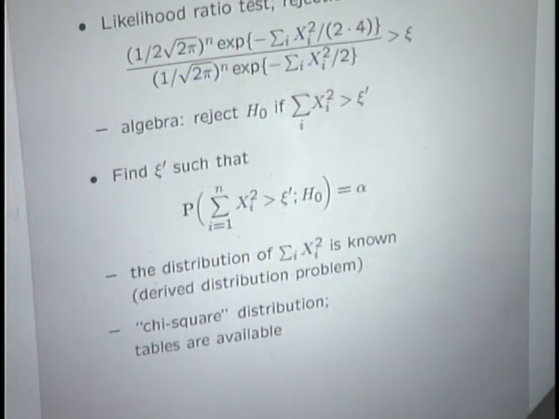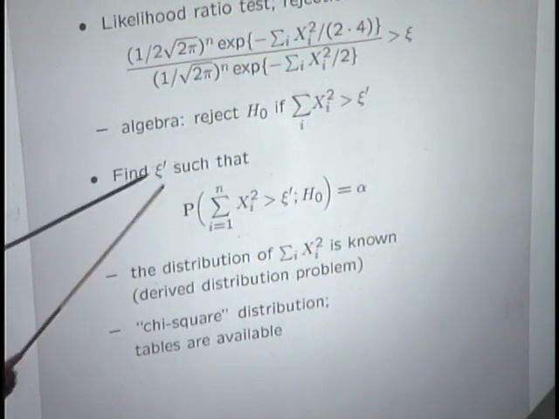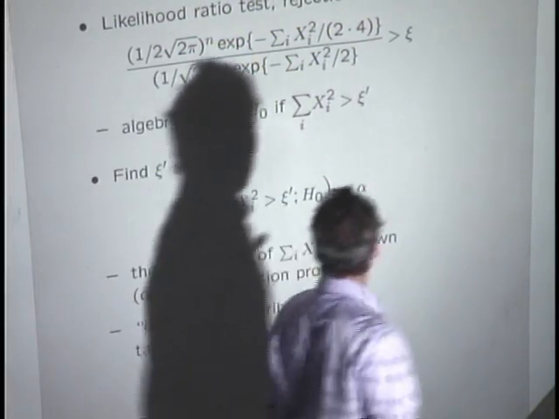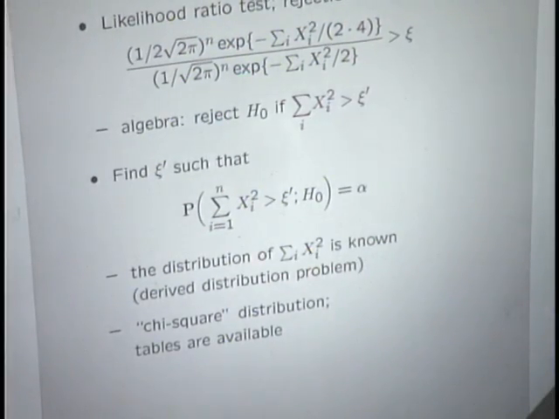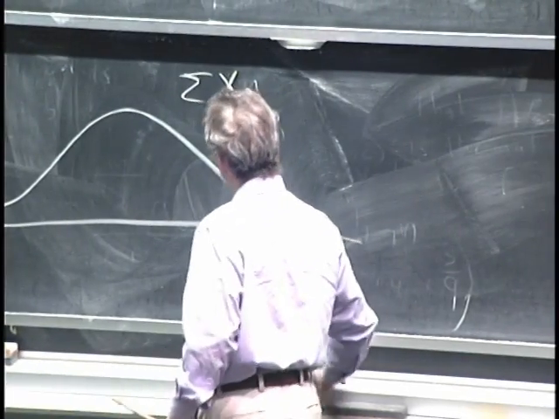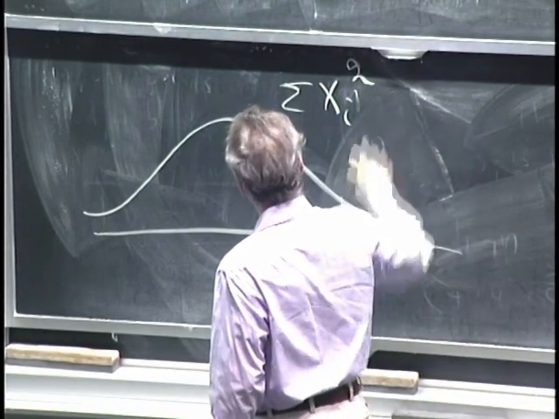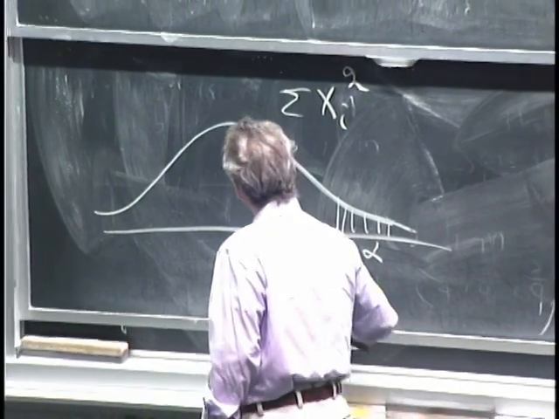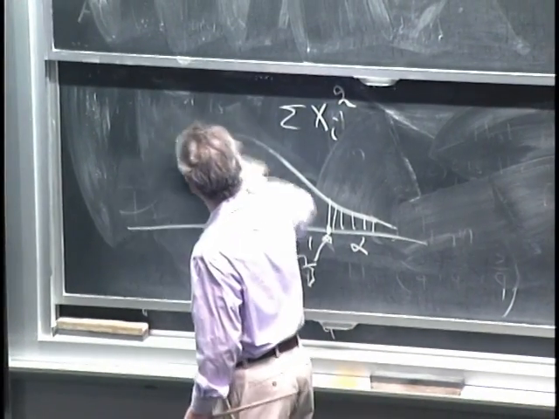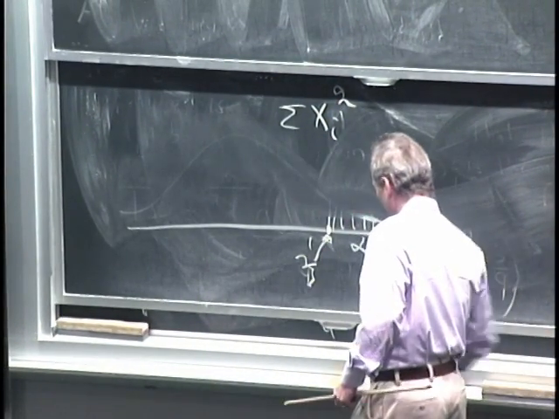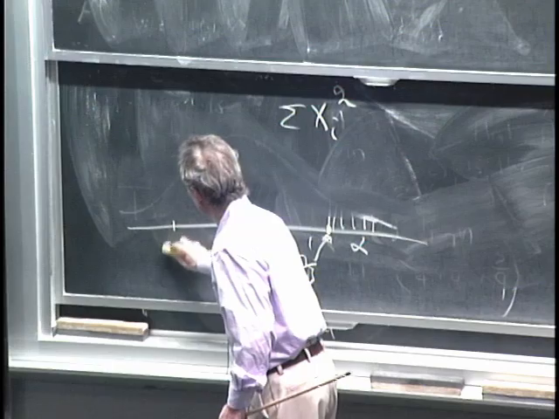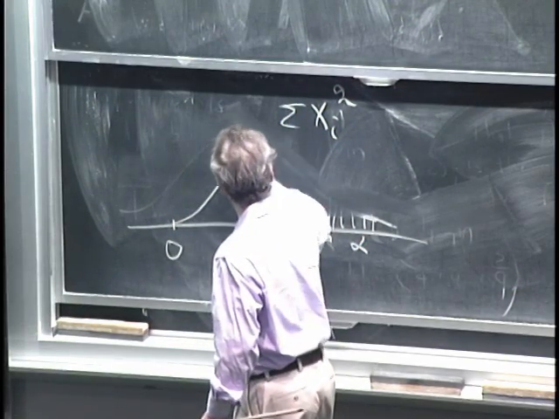How do I find the value of xi prime? Well, what I need to do is to look at a picture more or less of this kind, but now I need to look at the distribution of the sum of the xi's squared. Actually, the sum of the xi's squared is a non-negative random variable, so it's going to have a distribution that's something like this.